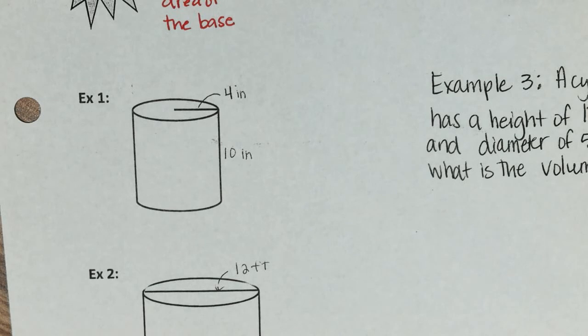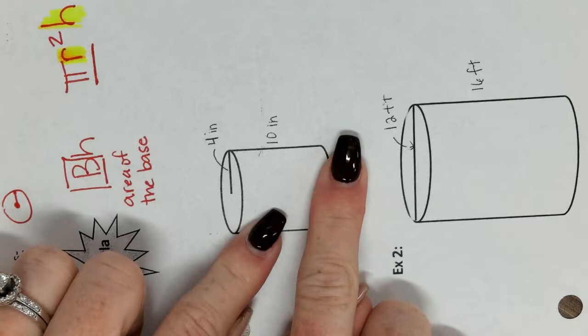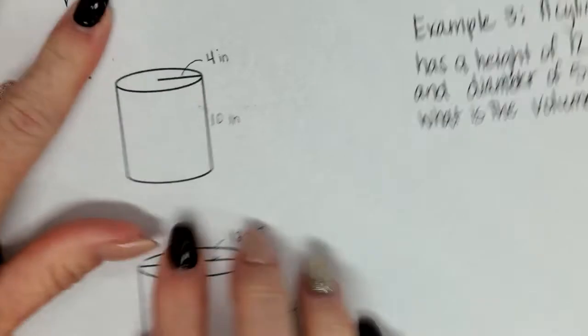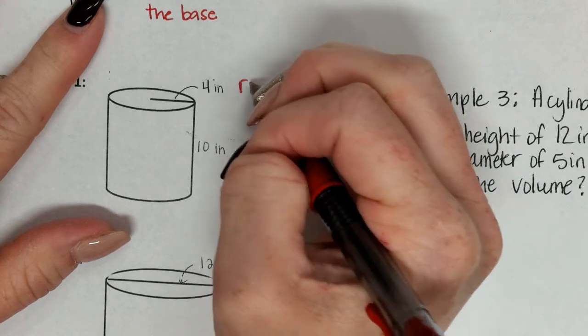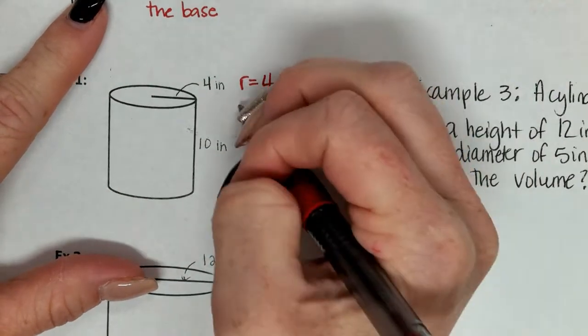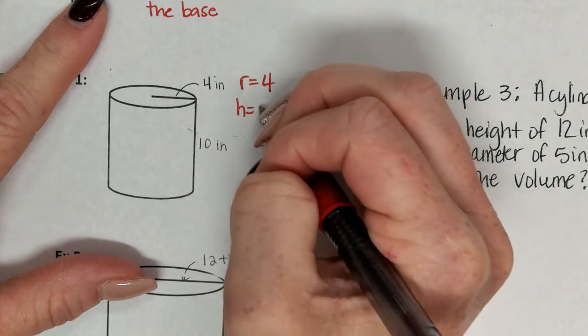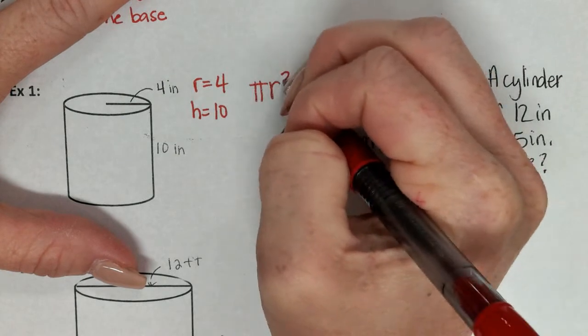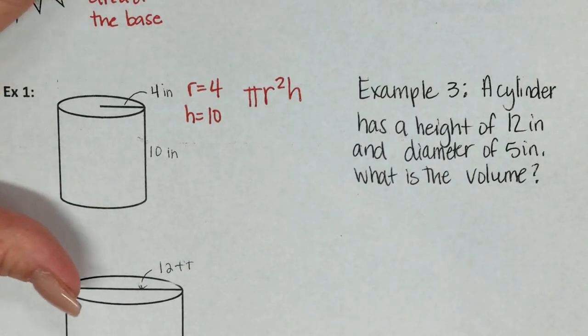The radius has to come from the circle, period. You cannot get a radius from anywhere else, right? So it doesn't matter if I lay this down, the radius has to come from the circle. So the radius, I want you to write this, is 4. Write it down, please. The height is what? 10. And I'm going to do pi r squared h.